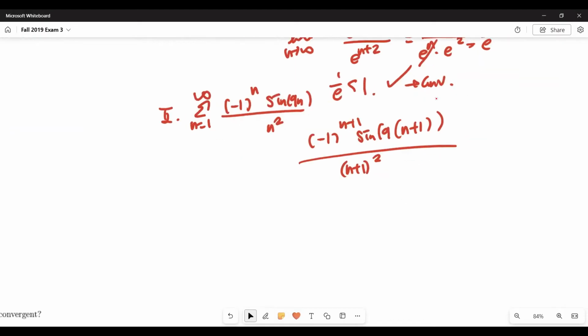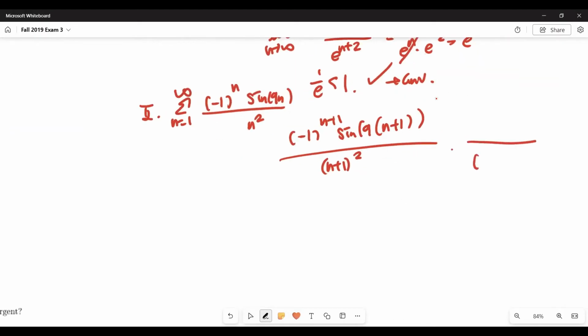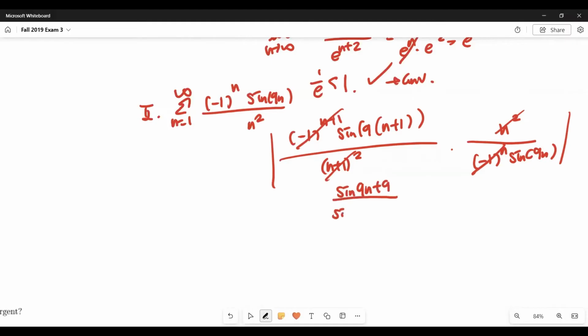And then you divide by the original, which means multiplying by the reciprocal. So this will be (-1)^n sin(9n) over n squared. As n goes to infinity, that part will be just 1, so you don't have to worry about this part. The sign doesn't really matter because it's the absolute value. So this is just sin(9n+9) over sin(9n), right?